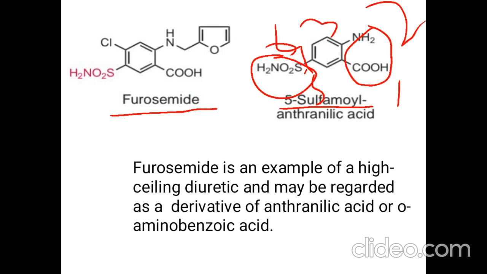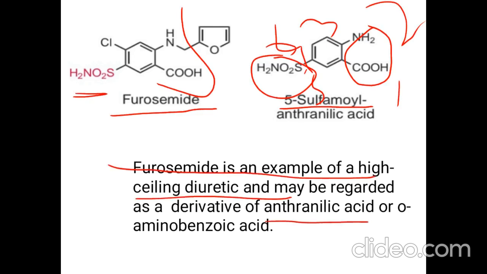So it is called 5-sulfamyl anthranilic acid. If you observe the structure of furosemide, it consists of the anthranilic acid like part as well as the sulfamyl part. So furosemide is an example of high ceiling diuretics, and it is a derivative of anthranilic acid or ortho-amino benzoic acid.